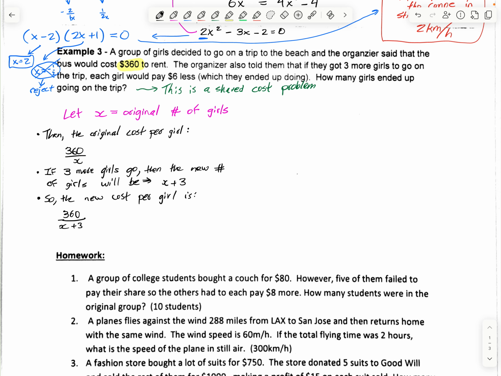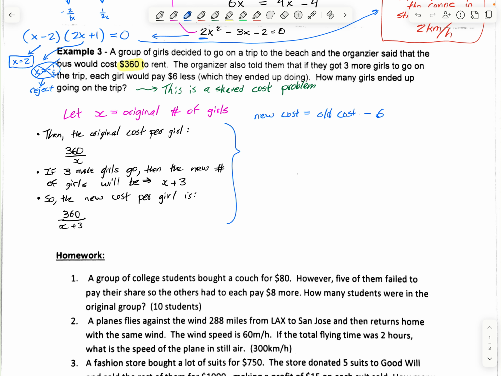So now the problem says, and this is where it gets interesting, right? This is what the equation says now. I want to make use of these. The problem says that the new cost is going to equal the old cost minus 6.